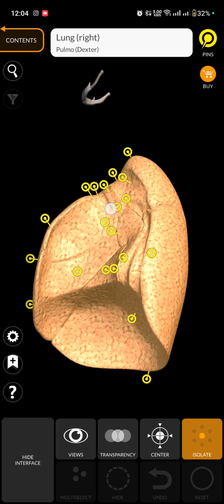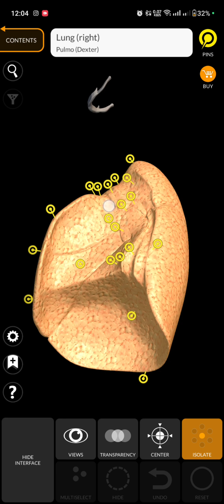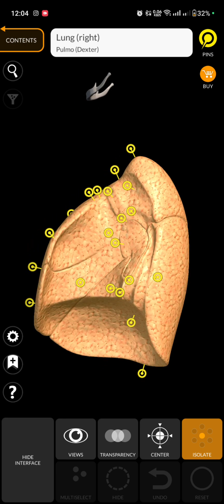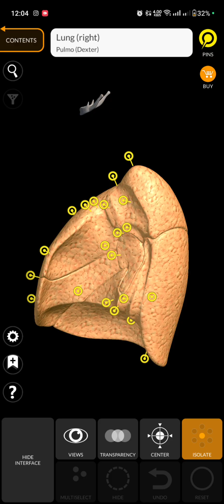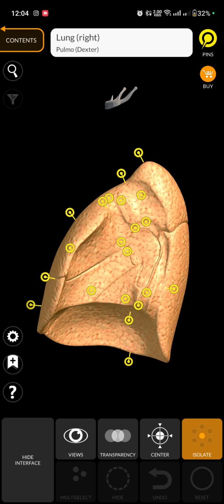The superior vena cava creates an impression which is directed entirely downwards into the inferior border. The arch of azygos vein creates a junction with the superior vena cava. That being said, these are the impressions on the medial surface.